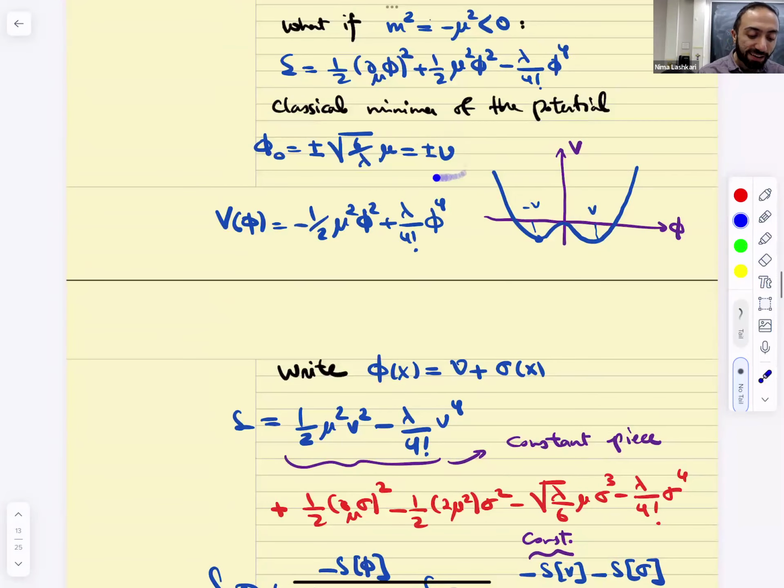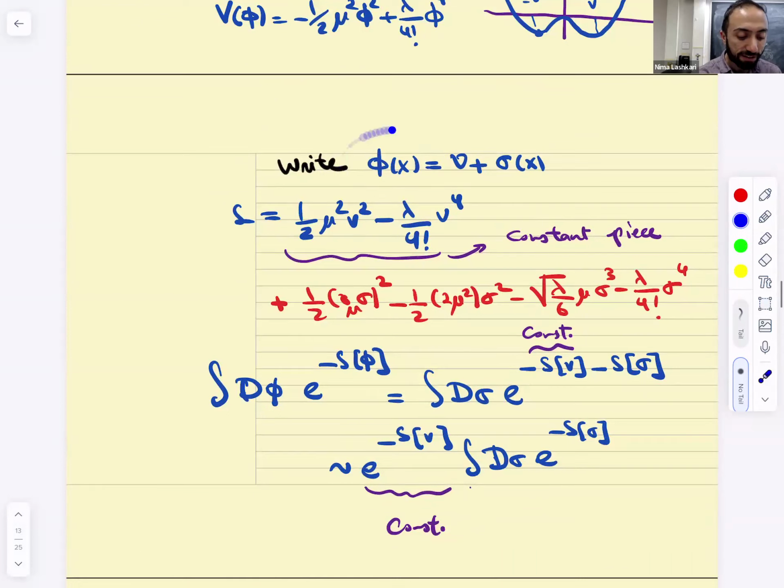So because the vacuum expectation value here is constant, let's just write phi of x as that constant plus sigma of x. Rewriting the Lagrangian in this language, there will be a constant piece to the Lagrangian density, remember, v is a constant, not a function. And then there's a piece that depends on spacetime.